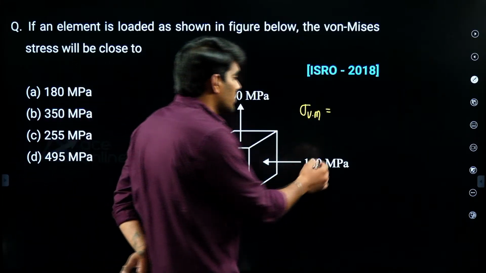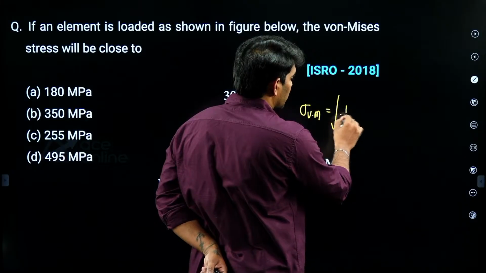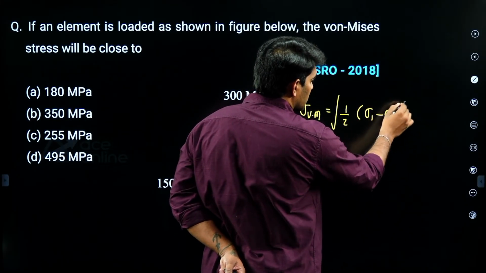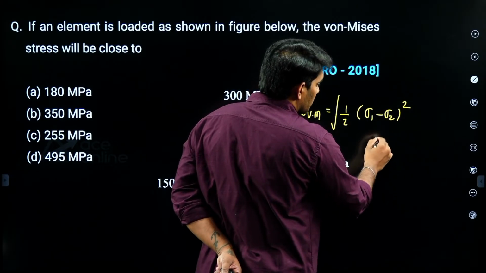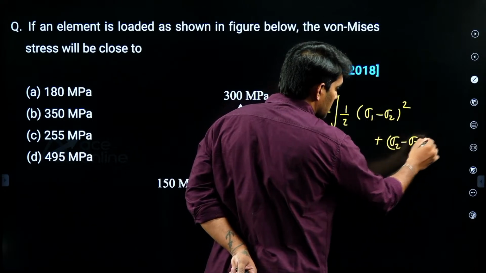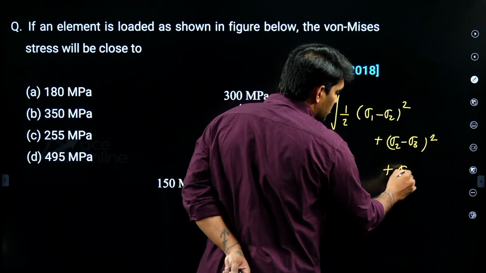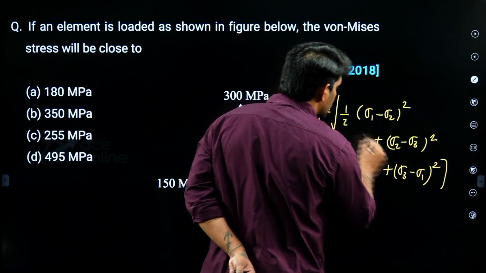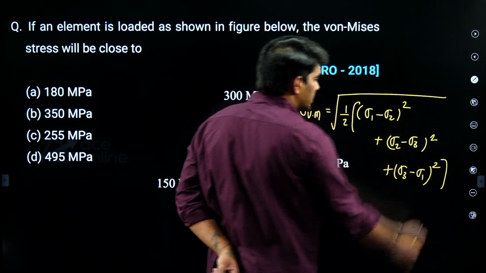So we can write this as under root half of (sigma 1 minus sigma 2) whole square plus (sigma 2 minus sigma 3) whole square plus (sigma 3 minus sigma 1) whole square. This half is present for all these terms.